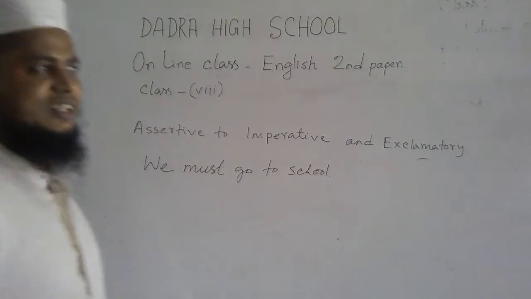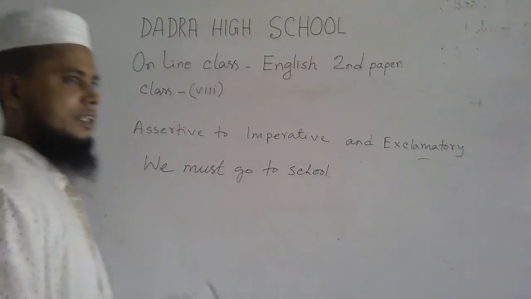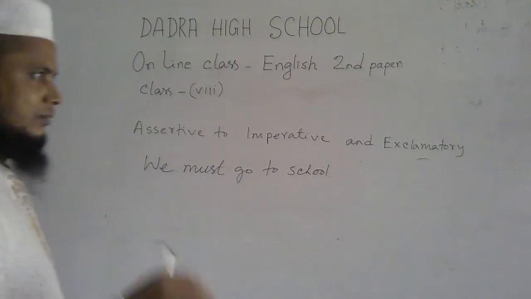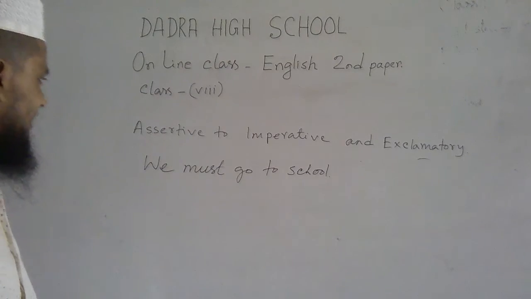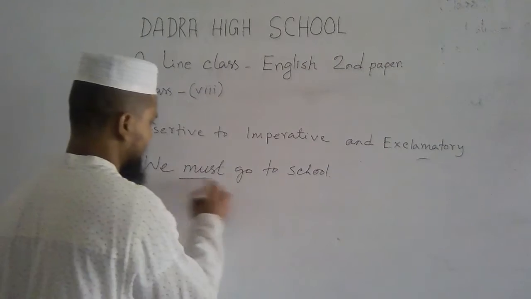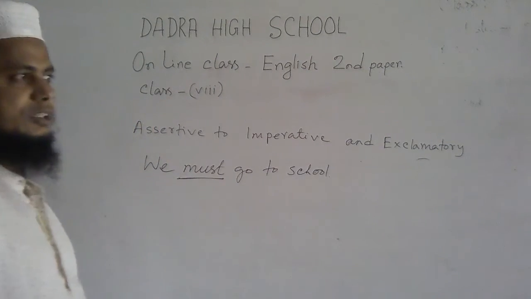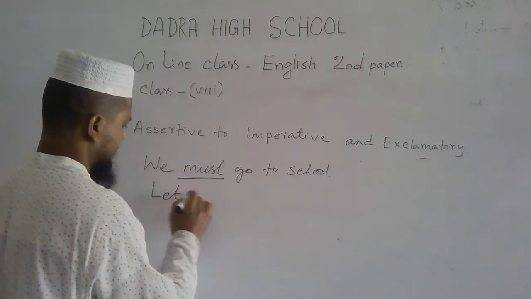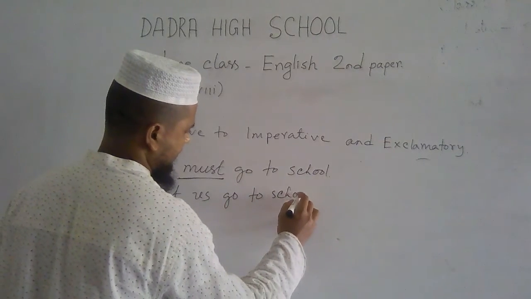If Allah forgives us and releases us from this, we will come to school and we will study, inshallah. But this is an example for you. We must go to school, and this is a short sentence. To make it imperative, we will give up modal auxiliaries. We must go to school becomes: let us go to school.